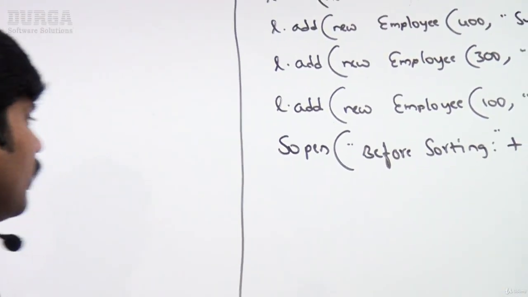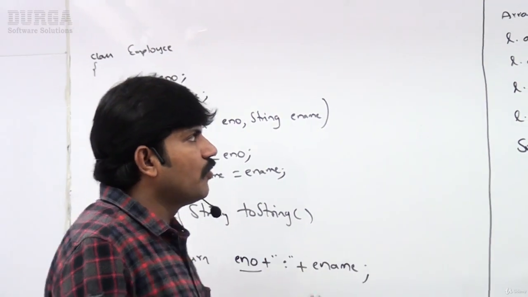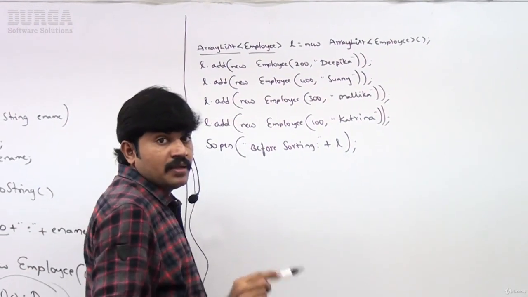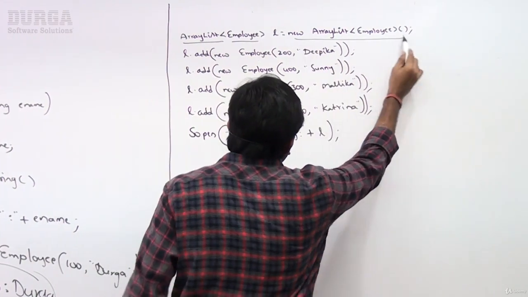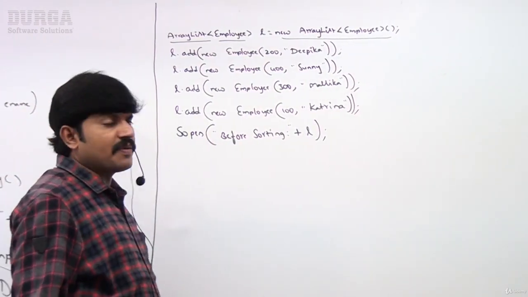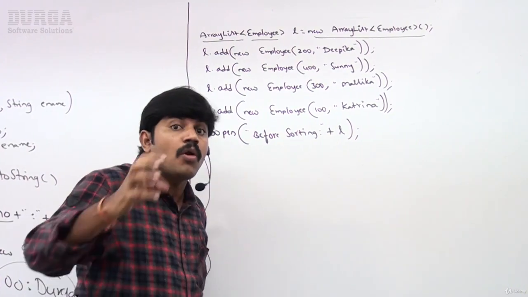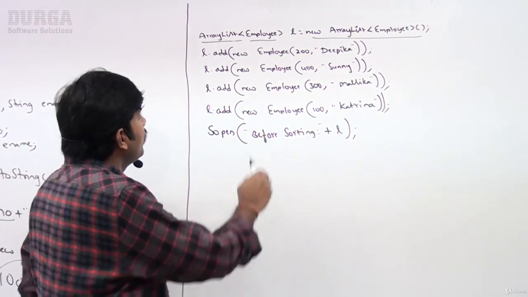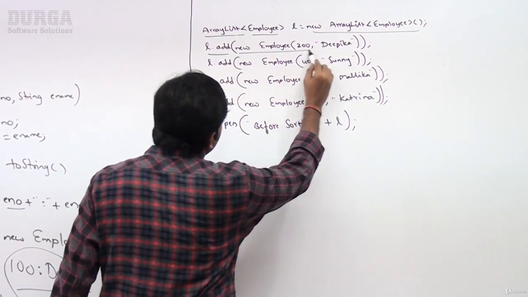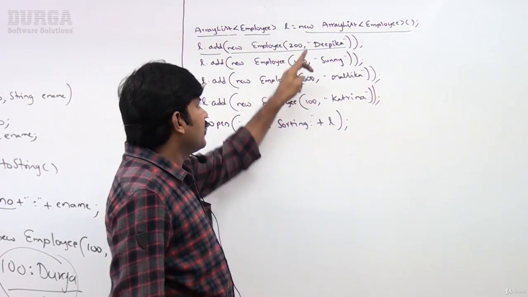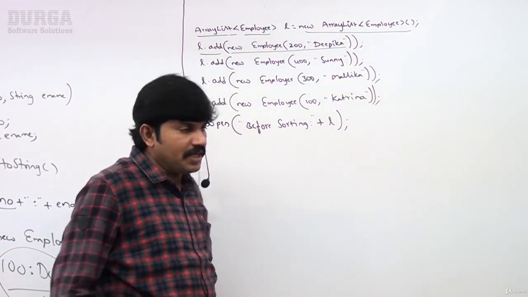Clear. Okay. Now, sir, I'm taking an ArrayList of Employee: ArrayList<Employee> l is equal to new ArrayList<Employee>. Sir, I am creating an ArrayList object to hold employee objects. Now l.add(new Employee(200, Deepika)). 200 is the employee number, Deepika is the employee name.